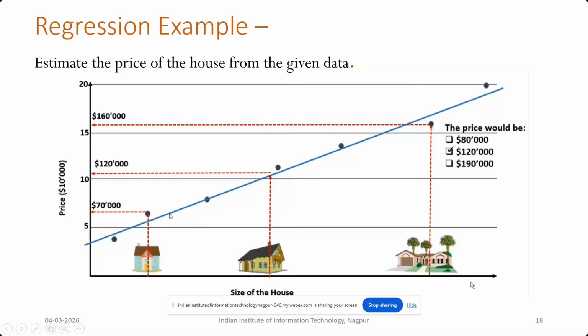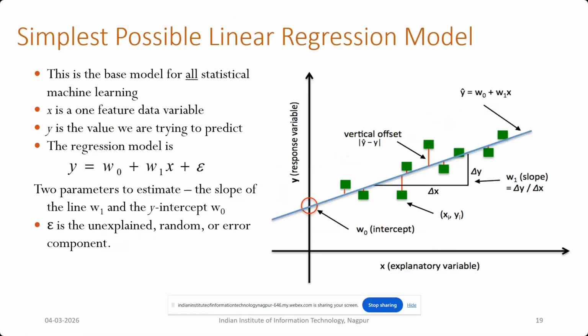Okay, so obviously what I need to do is find out the best fitted line. To find that, I need to check which parameters can be considered, and how to get this line.